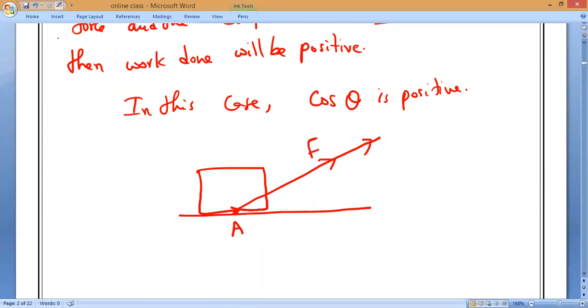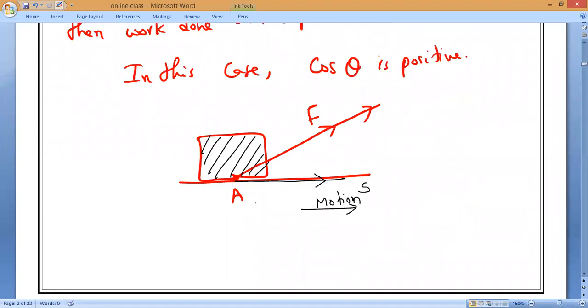And displacement will be like this. This is the direction of displacement or motion. Now tell me, is it a positive work done or negative work done? Positive work done, sir. Why? The angle is less than 90 degrees.